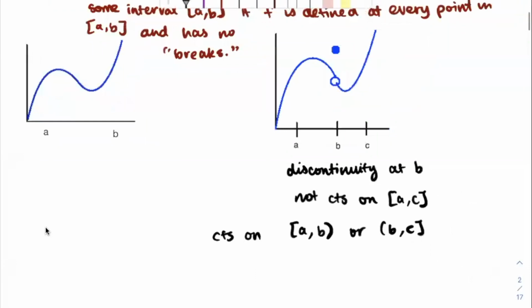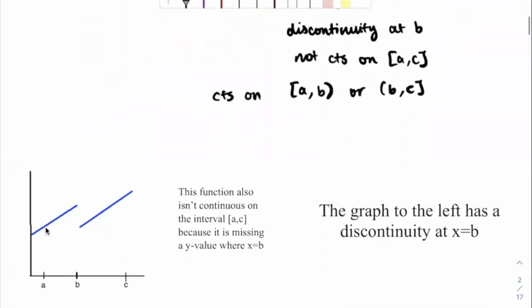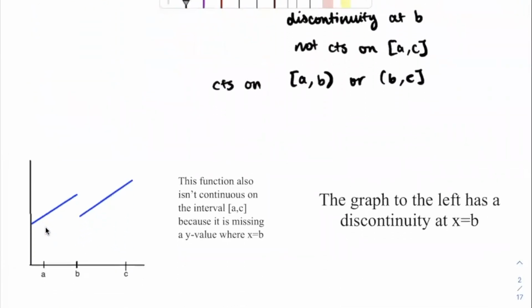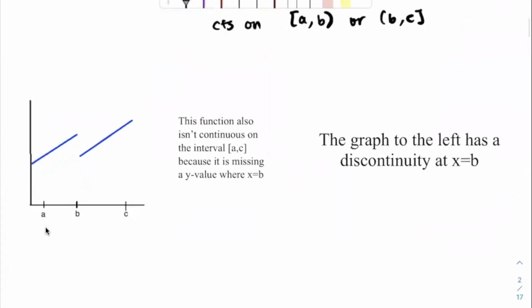So let's practice with a few examples. Let's just do one more example first of a function that has a non-removable discontinuity. Here's another function that's not continuous on the interval from A to C, and that's because it has this break at B. But here you can see that there's no way we can fill in the point at B. If we put it here, then it doesn't line up with this point.